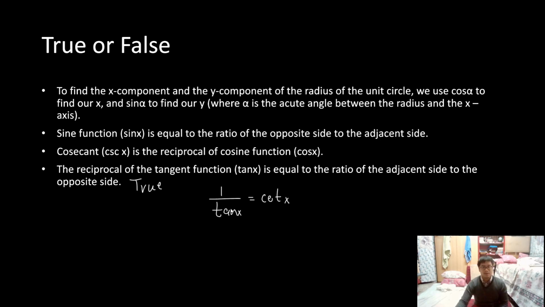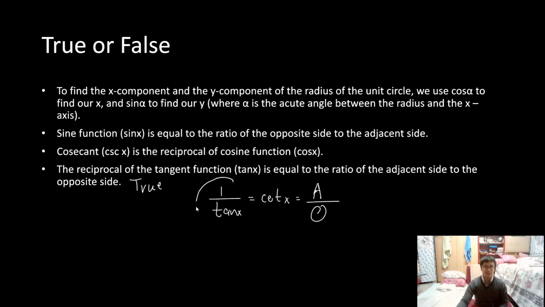And instead of using its reciprocal, we would rather just use its equivalent ratio. And that is what? Adjacent all over opposite.